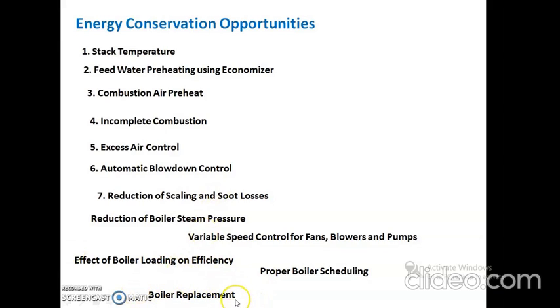But for that, as an auditor, you must prepare a detailed report which shows the economics of replacing the existing boiler.